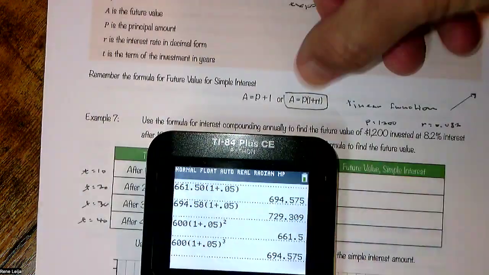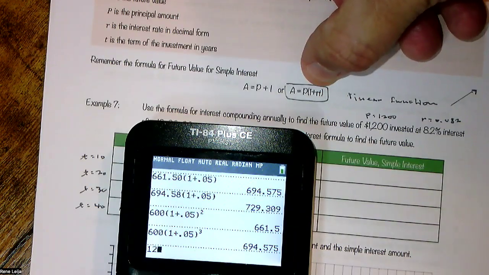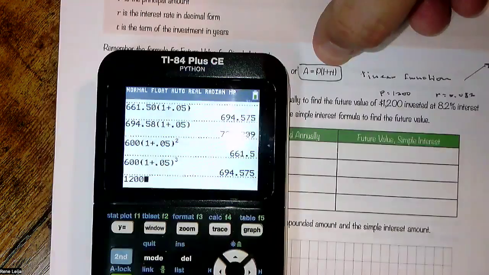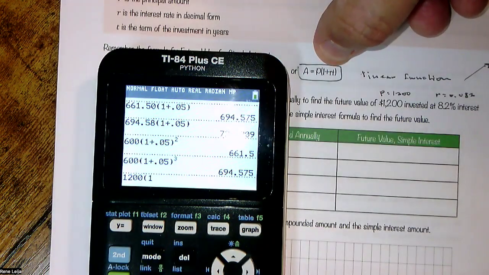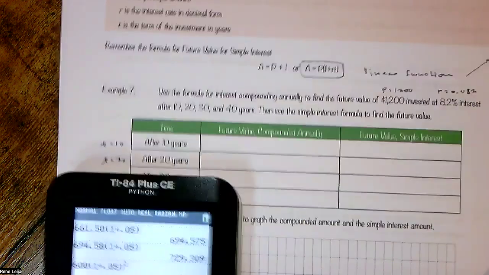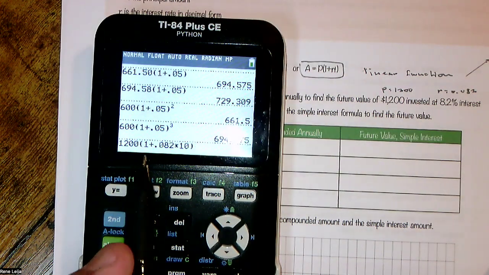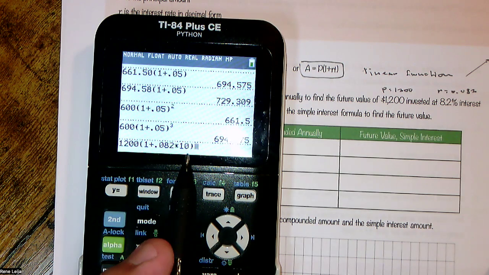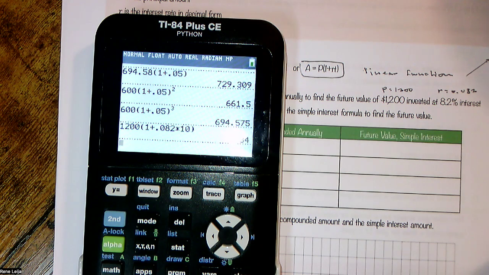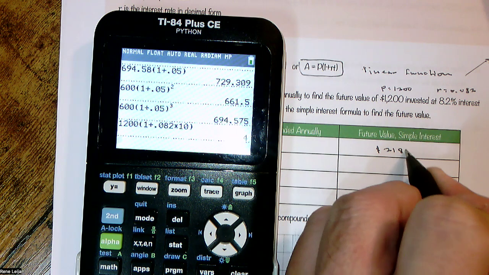Okay, so I'm going to enter this in. We have 1,200, open your parentheses, 1 plus your rate, 0.082, times T, which is 10, and then close your parentheses. So P times 1 plus R times T. Okay, that gives us $2,184.